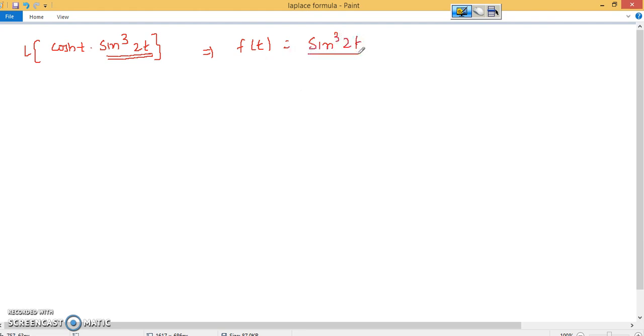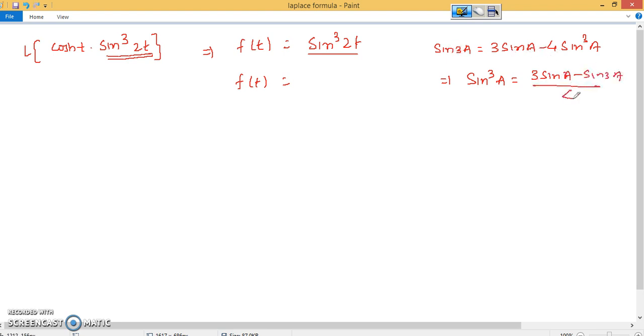So how will you find the cubic function? I told you the formulas. Sine 3a is equal to 3 sine a minus 4 sine cube a. So we can convert it here. f of t is equal to sine cube a, which is equal to 3 sine a minus sine 3a by 4.